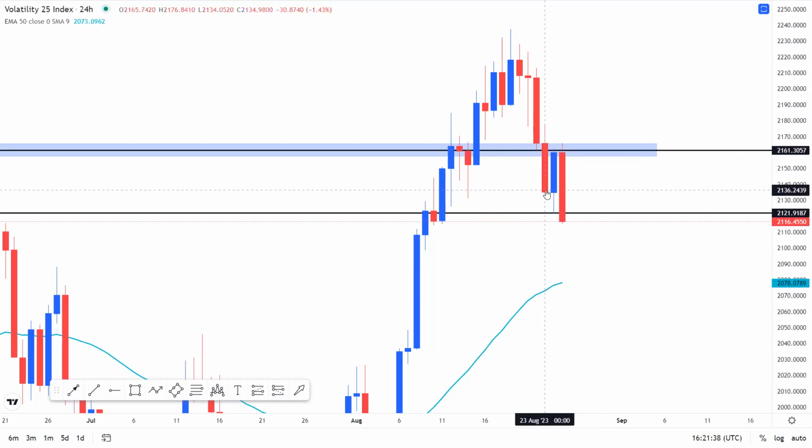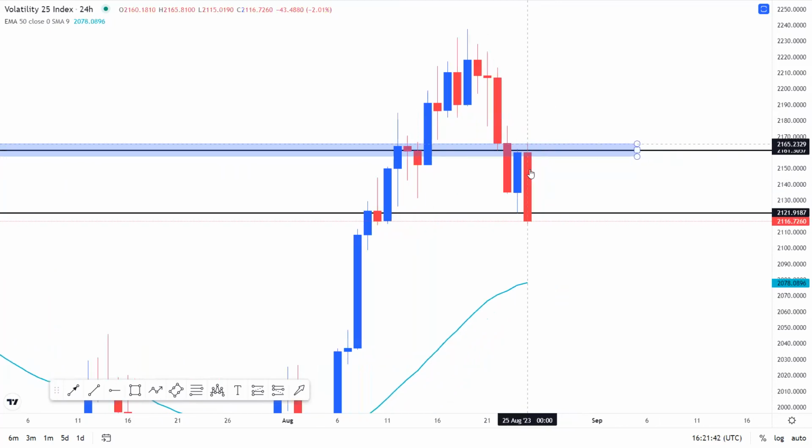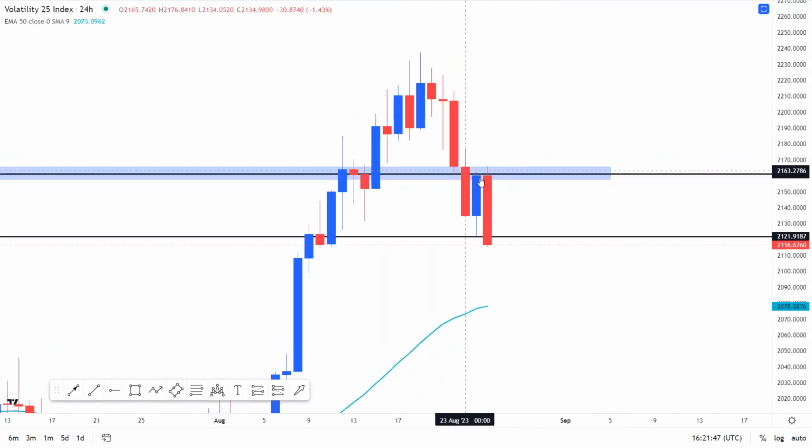And then I liked the fact that the daily candlestick yesterday came right into the level and then closed just at the level.